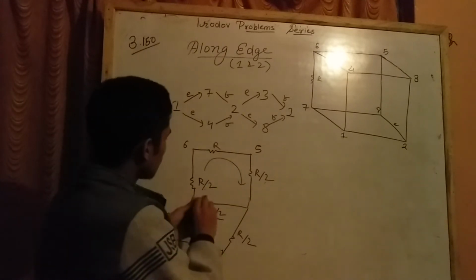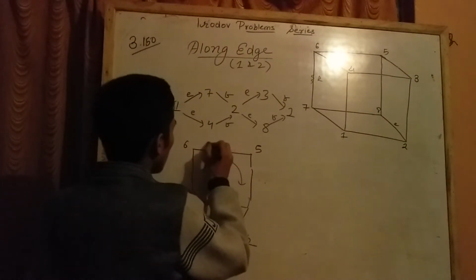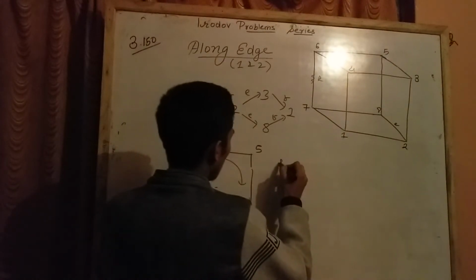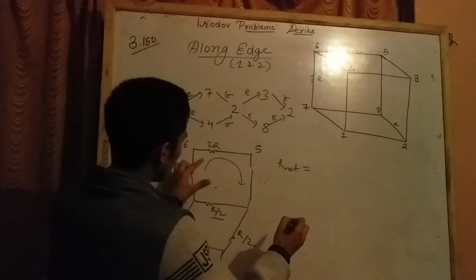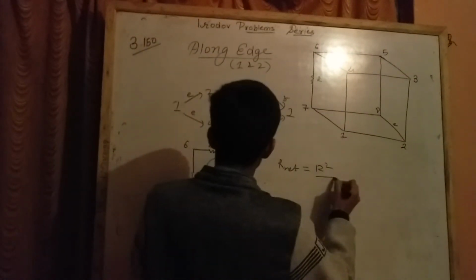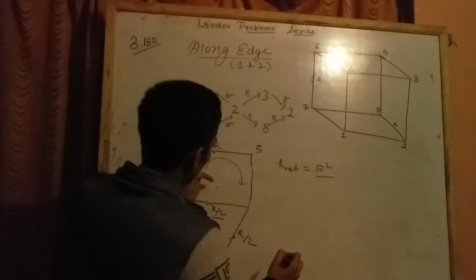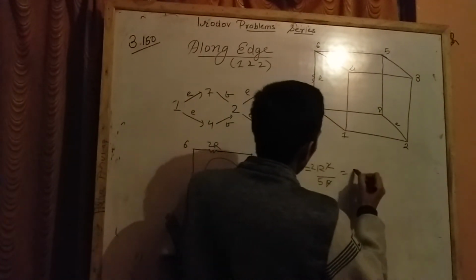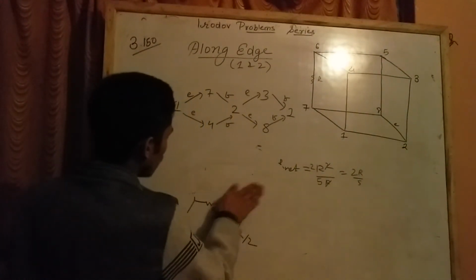So solving it, we get R net for this system equals 2R into R by 2, divided by 2R plus R by 2. That is R square divided by 5R by 2, so it will be 2R by 5. So I can replace the system by 2R by 5.